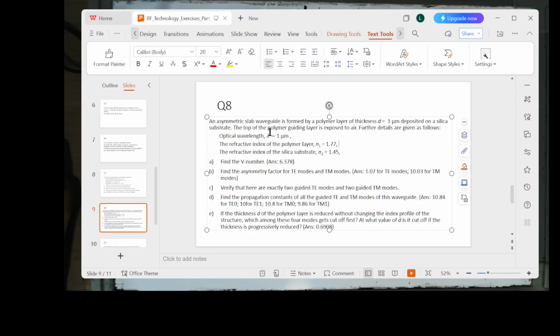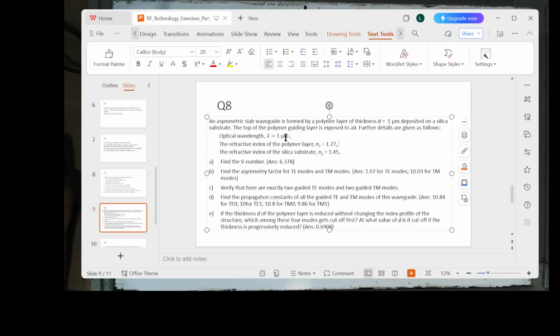It is an asymmetric slab waveguide. The thickness of the core is 1 micron and the substrate supporting the core is a silicate substrate with refractive index 1.45. The polymer layer has a refractive index 1.77. The wavelength is 1 micron.